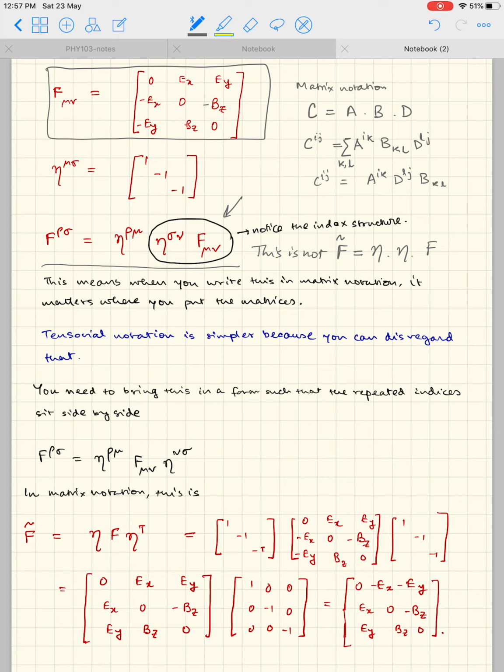So it matters where you are going to put the matrices. As I said, you have to put it in a way such that these repeated indices sit side by side. So this has to be brought to a form like this.